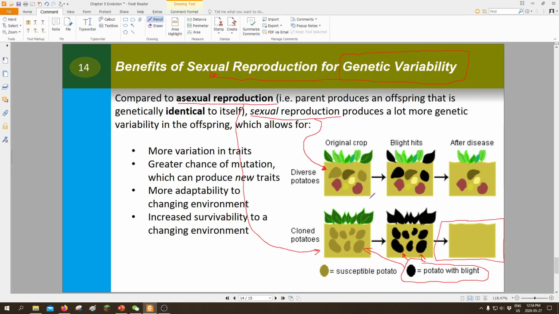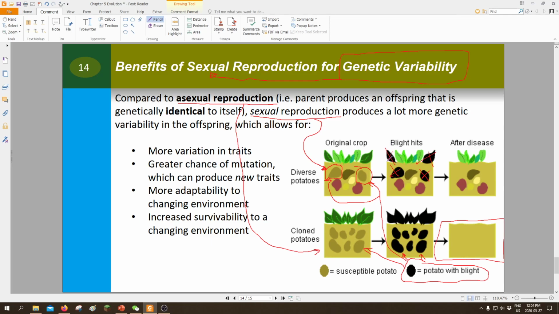Now, take a look over here at the diverse potatoes. Some of these potatoes, yes, are actually the weak potatoes. Some of them can be affected by the blight. And so the blight comes in, it affects the potato, it is diseased, and then, wow, those potatoes die off.